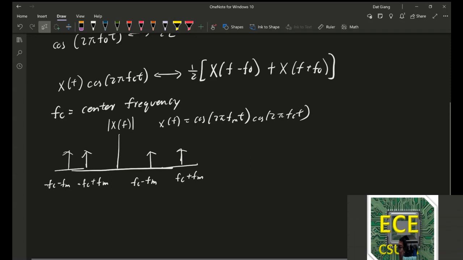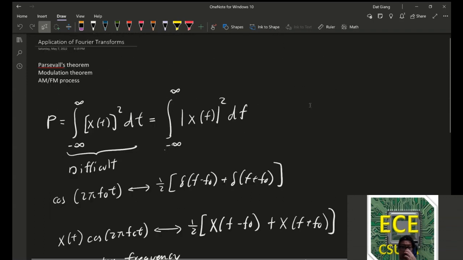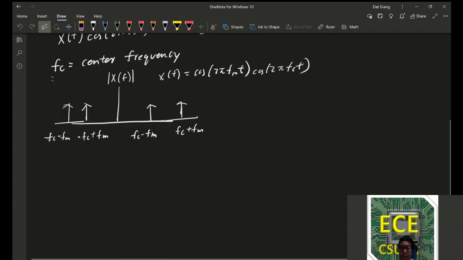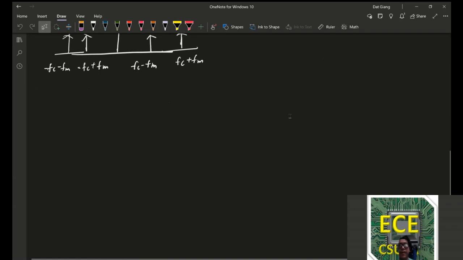So that is one more application in analog communication systems when we're talking about modulation. And on the topic of modulation, that is the whole essence of AM and FM modulation, where we essentially use Fourier transforms and cosine to transmit a signal from a transmitter to a receiver.